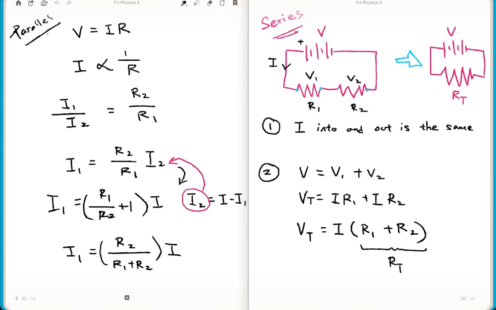Whereas for parallel circuit, something different. Special is the current.